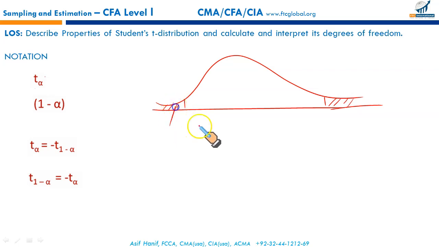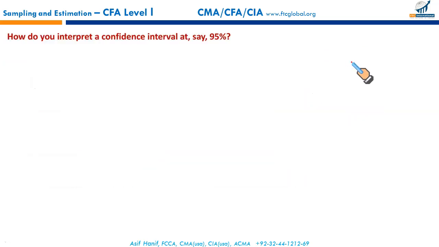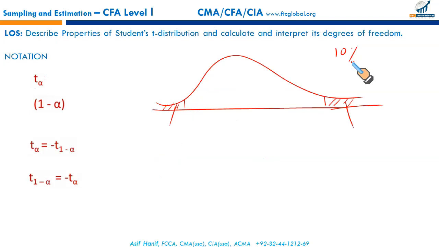So if you're talking about 10%, then it will be split into 2 parts, 5%, 5% here. Talking about 5%, then it's going to be 2.5% here and 2.5% here. If it's 1%, it's going to be 0.5% here and 0.5% in the left tail.